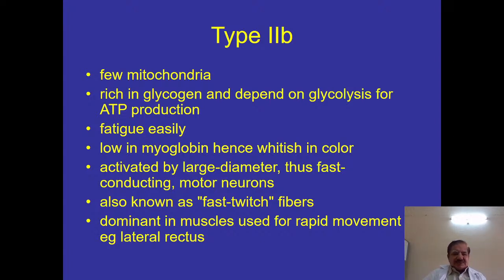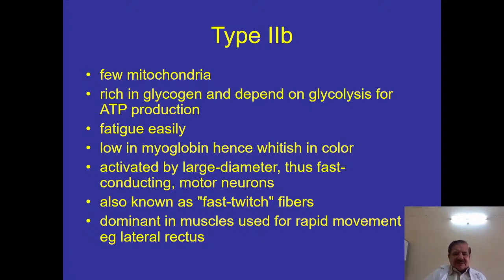Type 2 fibers. They are few in mitochondria. That's why they are white in color, rich in glycogen, and depend mostly on glycolysis for ATP production.